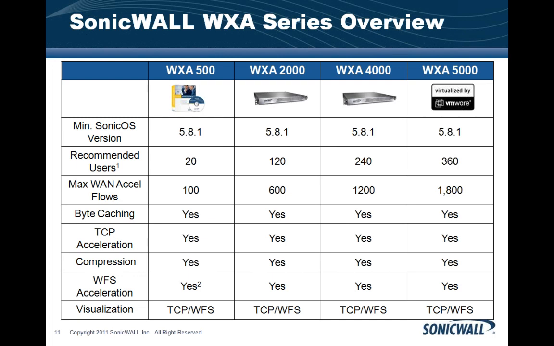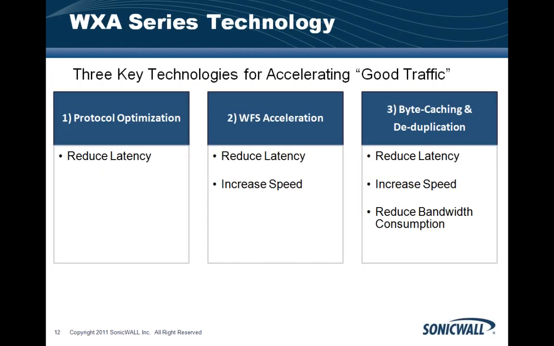So there's, again, a lot of different options that we have available as it relates to WAN acceleration specifically. The key technologies that we utilize, and I've kind of hit on this a little bit, but the ability for us to do protocol optimization, meaning that we can reduce what is referred to as the round-trip time that it takes for a packet to traverse the network.